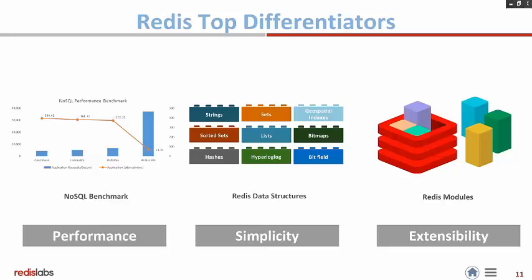The last but not the least reason Redis gets used is because of its extreme extensibility. Last year, the Redis community introduced Redis modules, which is a way to package any database functionality, such as graph operations or search operations, into a module and implement it with the high performance and simplicity of Redis.